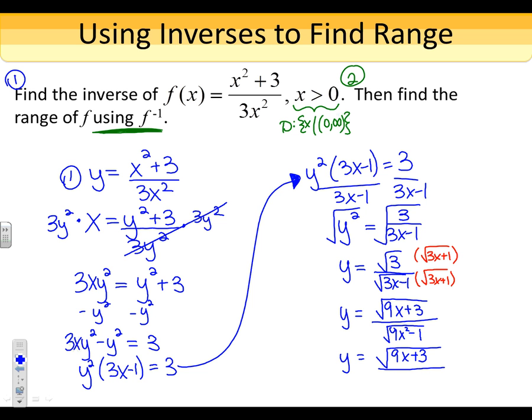The bottom is a difference of perfect squares. Hold on, it's not working out so well. You know what? Let's pause there for a second.